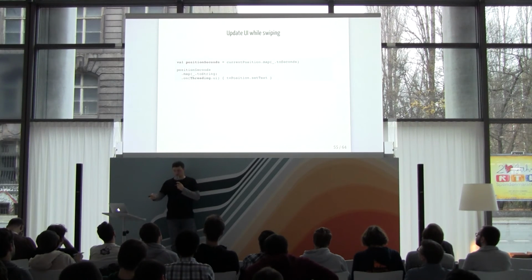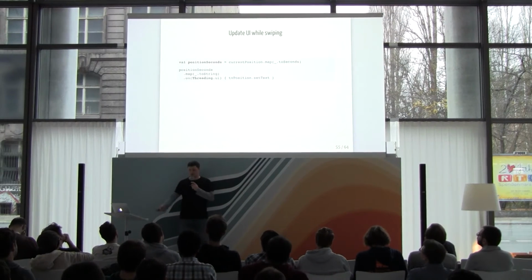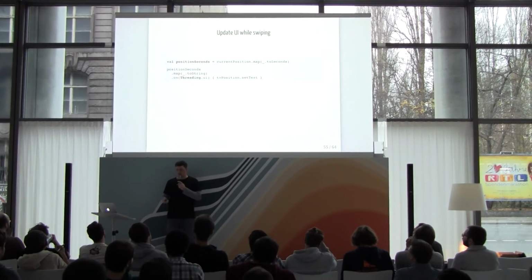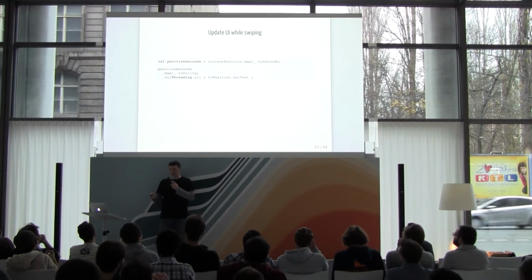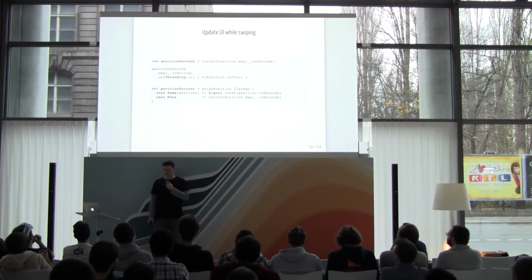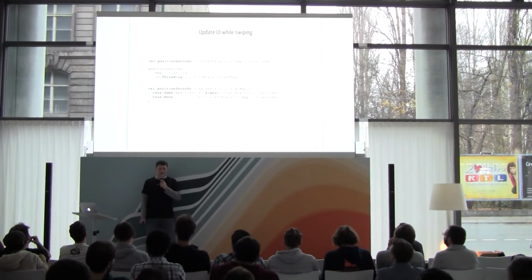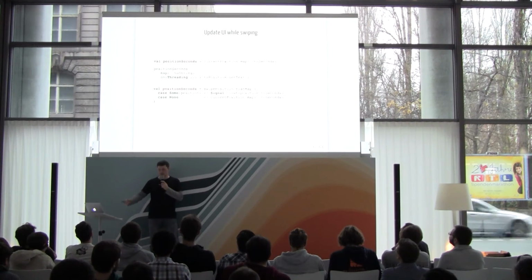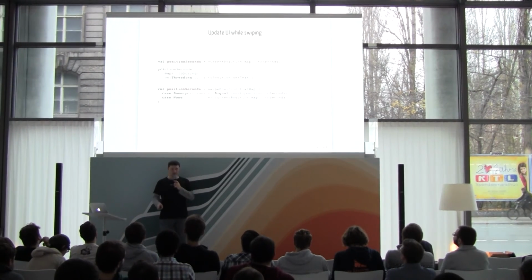Before, we had this position seconds signal, and we just bound it to set text. So we actually only need to re-implement the position seconds signal, taking into account the swipe position. We will take the swipe position and check if it is some position or none.